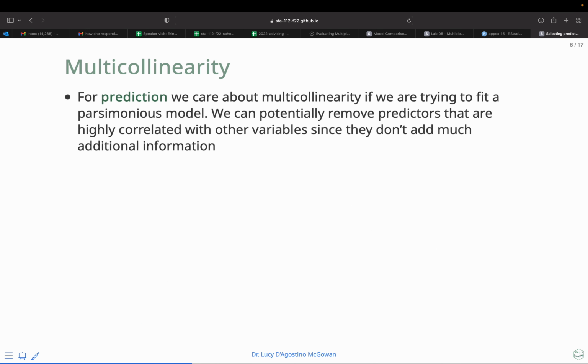But for prediction, we care about it if we're trying to fit a parsimonious model, which basically means the smallest model that also has a good fit. If a variable is highly correlated with the combination of all the other variables, it's probably not going to add a lot of information to my model. So maybe I could get away with not including that variable in the prediction model itself.